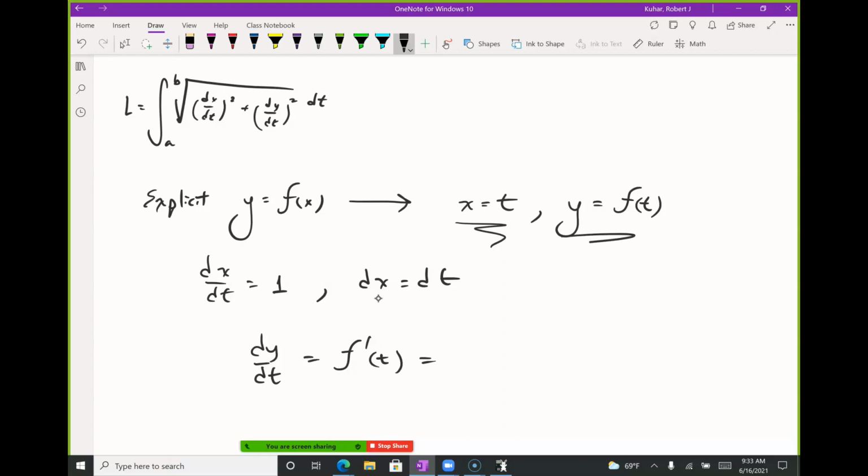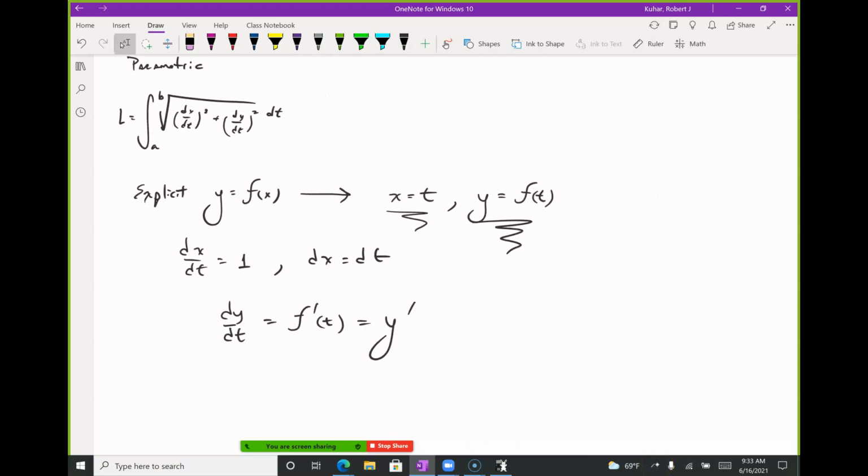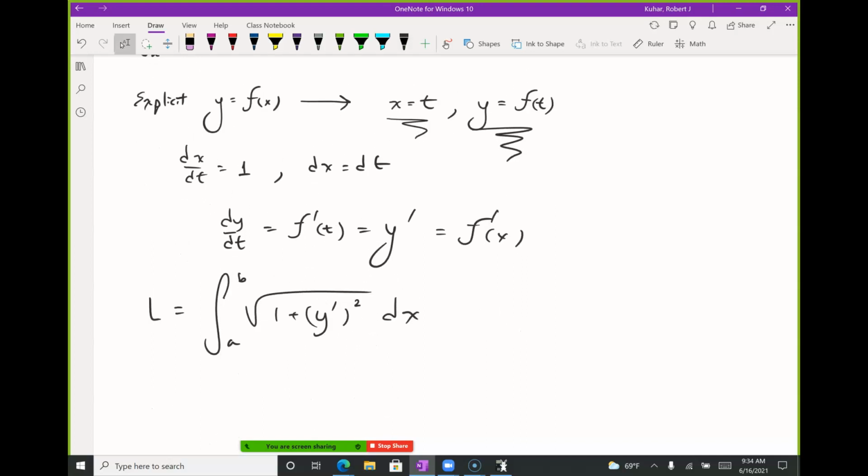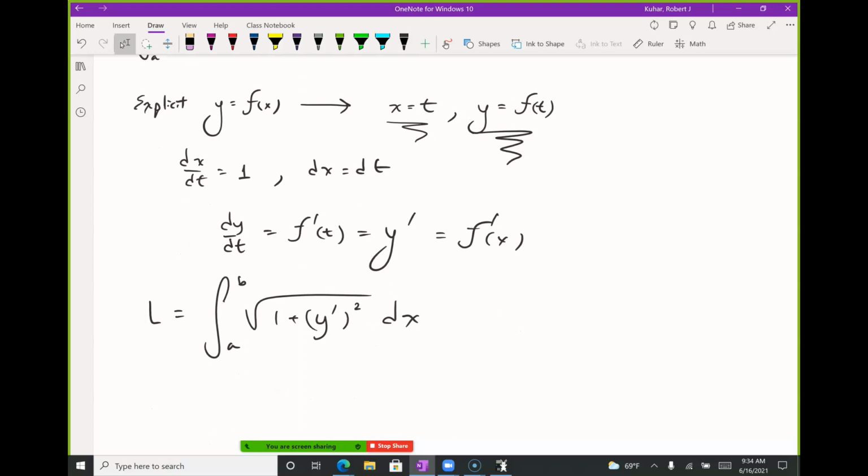Y prime. So my arc length formula becomes f prime of x, exactly. So the integral from a to b now becomes the square root of 1 plus y prime quantity squared dx. So a nice simple formula in terms of a function of x.